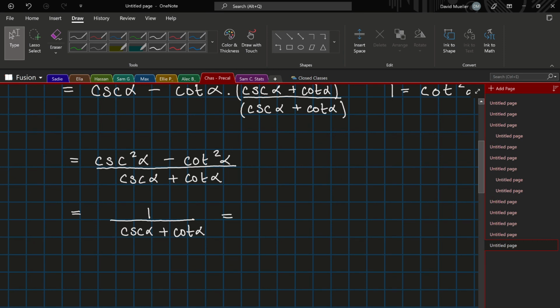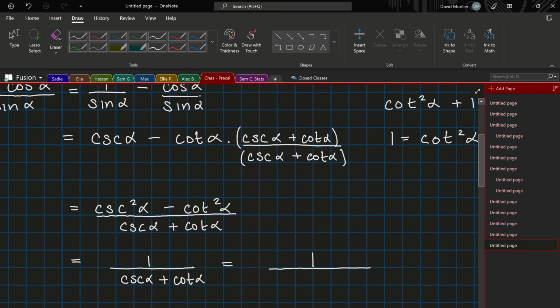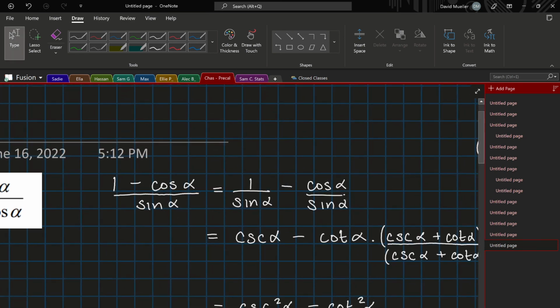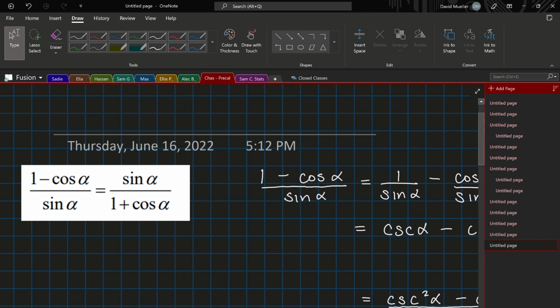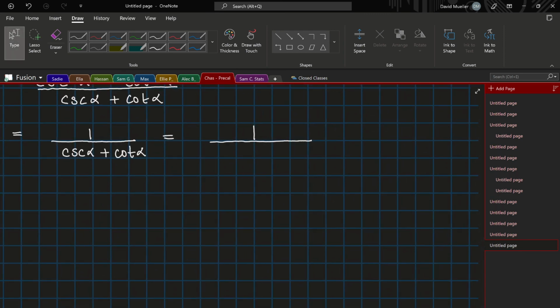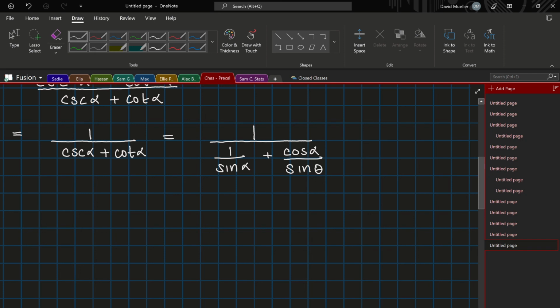It needs to be sine over 1 plus cosine in the end, right? Yes. So if we did cosecant and turned that into 1 over sine, and cotangent into cosine over sine, we've got sine on the bottom of both of those, and we've got our 1 plus cosine on the top.